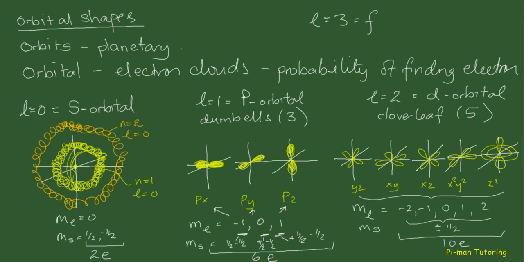That's the F orbital. And that's 14 electrons. I won't attempt to draw the shapes of those. So hopefully that's starting to make sense now, why we have the various blocks that we do in the periodic table, as these various quantum levels are filled with electrons.